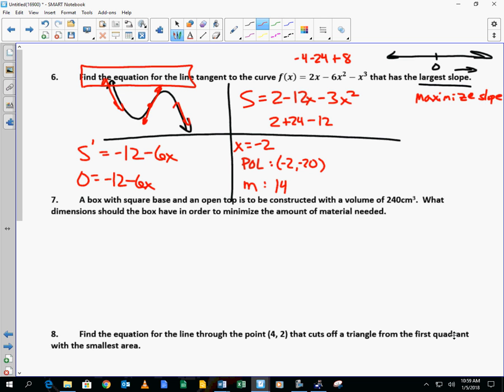So now I write my equation for my line. So y plus 20 is equal to 14 times x plus 2. Well, y equals 14x. That'll be plus 28, and minus 20 will be plus 8. There we go. Not too bad, huh?